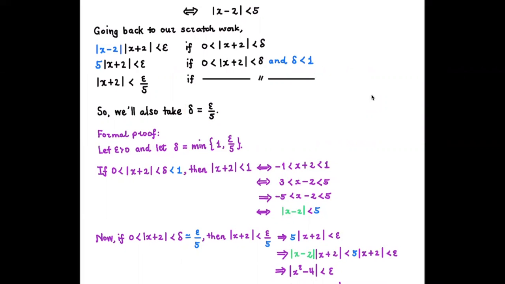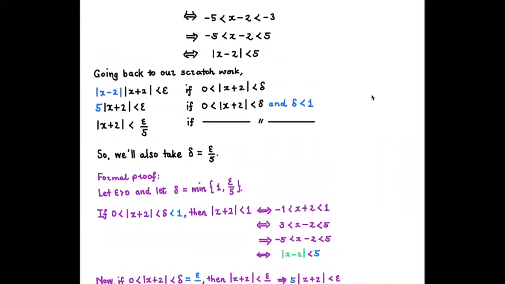Let epsilon be positive and let delta be equal to the minimum between 1 and epsilon over 5. If absolute value of x plus 2 is less than delta, which is less than 1, then absolute value of x plus 2 is less than 1. And then we expand this absolute value. x plus 2 is between negative 1 and 1. So this one should be negative 5 and negative 3.